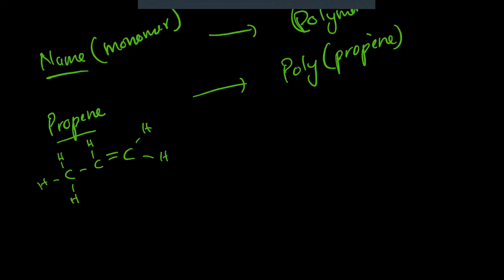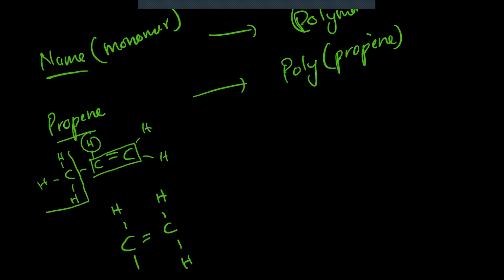This will be the displayed structure. But when drawing polymers, it's best to take the 2 carbon that has the double bond. So when you take the double bond carbon, we take all other bonds at the top or bottom. So we have the hydrogen bond at the top, and from the bottom we have this CH3 bond.